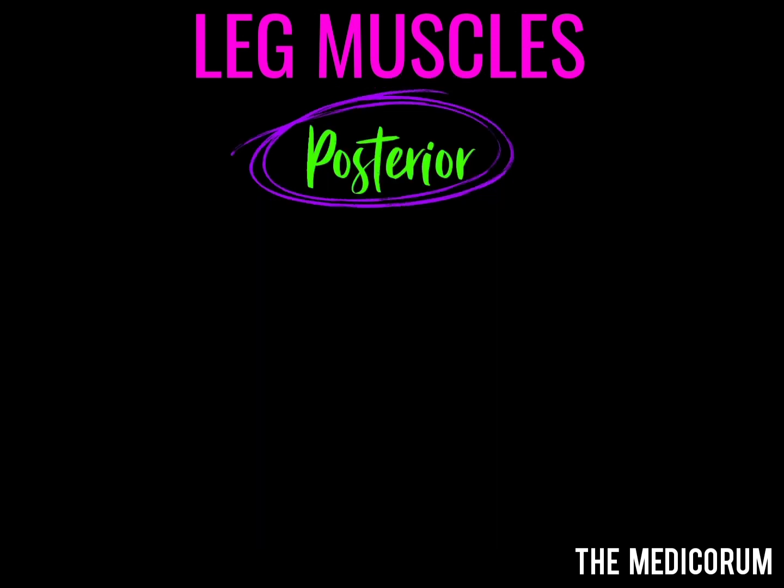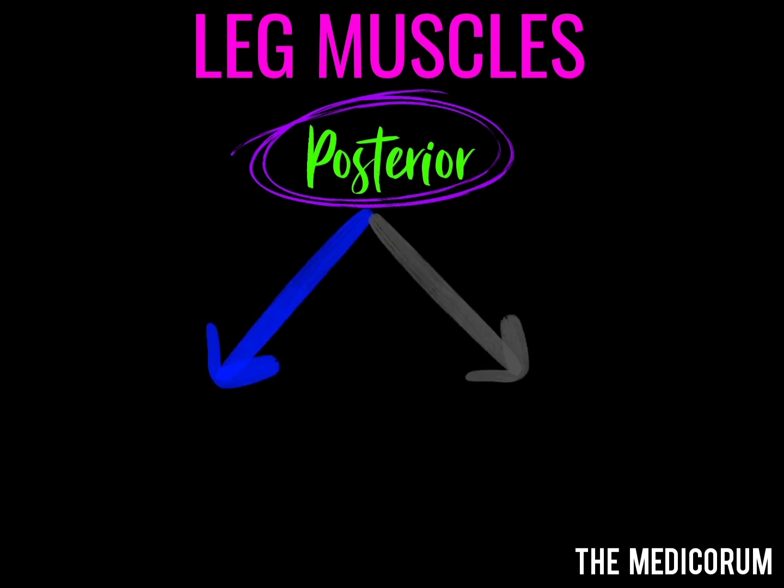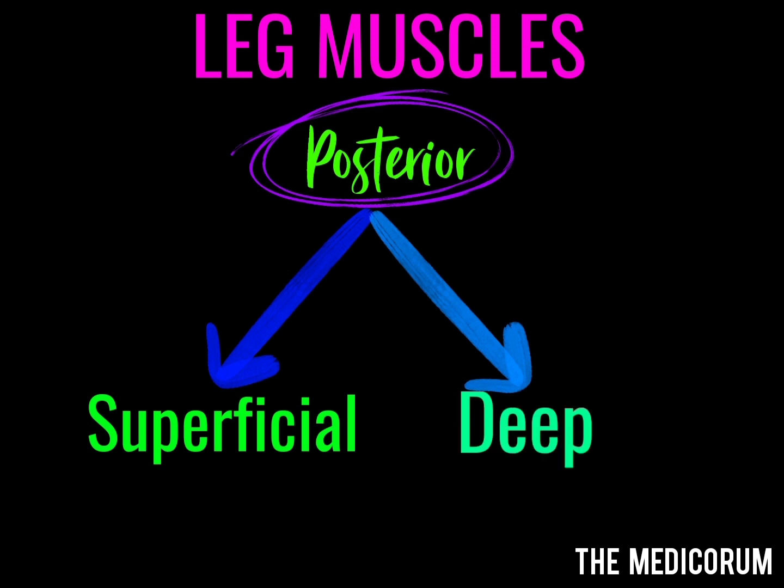Moving on to the muscles on the posterior compartment of the leg. The muscles on the back of the leg are divided into superficial and deep.